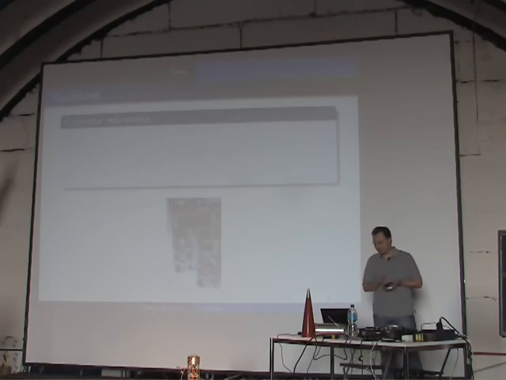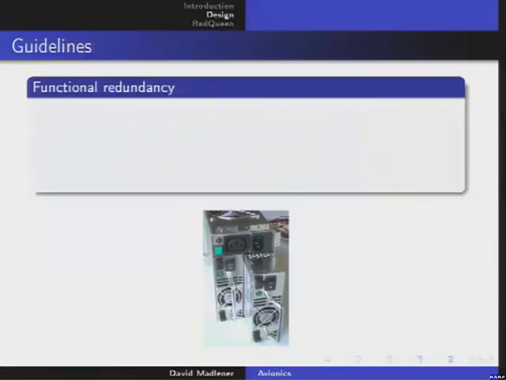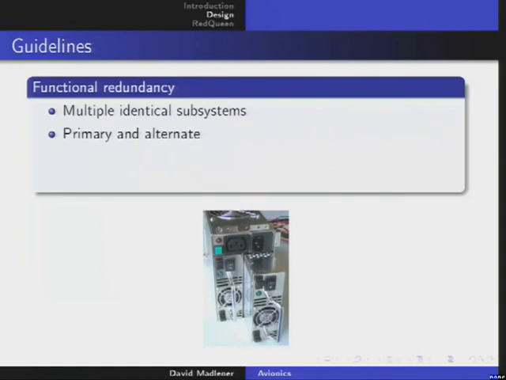So what about functional redundancy? Well, you can just use multiple identical subsystems. If you have developed a subsystem, just multiply it and use it in parallel. Normally, you only have problems to synchronize them. The most simple strategy is just to use two systems, one primary and one alternate system.